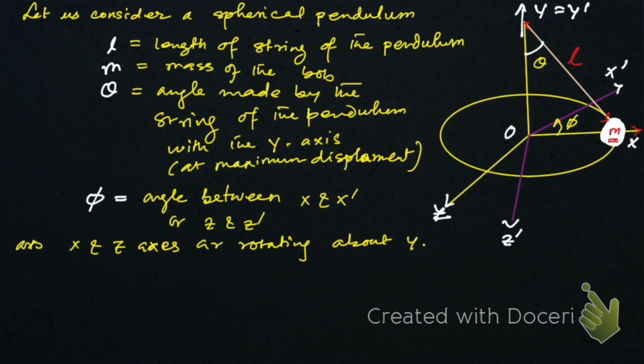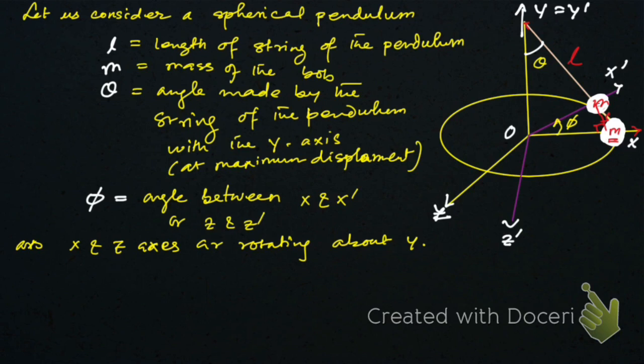Now you see, when this bob will be at this position, due to the rotation of the axis, here is the bob now. Let me imagine a perpendicular here.